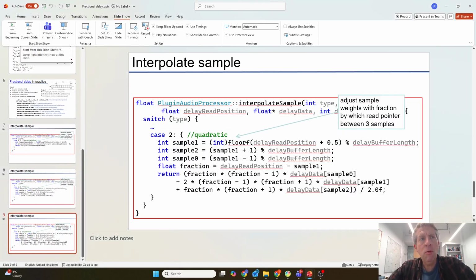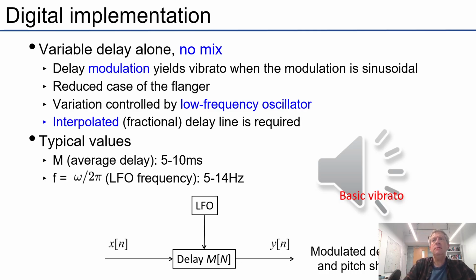So now we have covered fractional delay and LFOs. Typical values that we deal with for vibrato have an average delay between 5 and 10 milliseconds and a frequency of 5 to 14 hertz.